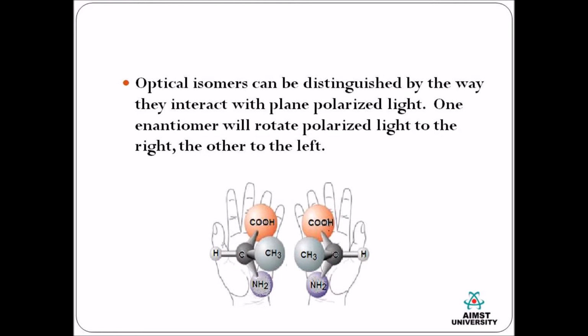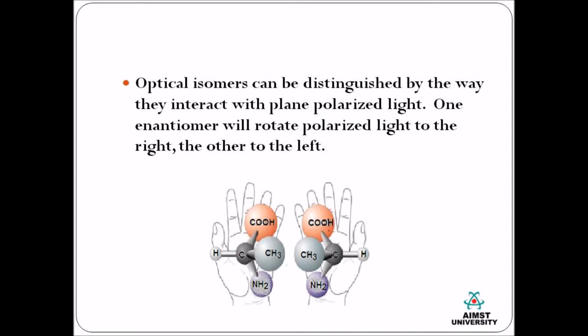One enantiomer will rotate the plane polarized light towards the right side and the other one will rotate it towards the left side. If it rotates the light towards the right side, it is called dextrorotatory. If it rotates the light towards the left side, it is called levorotatory.